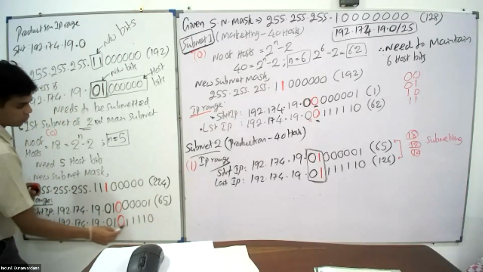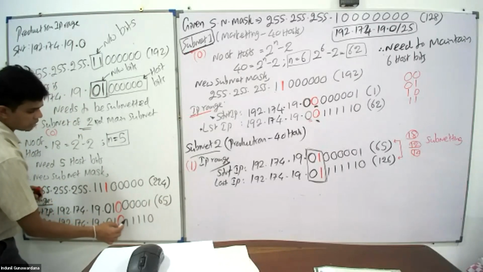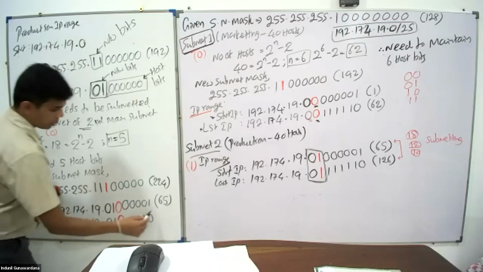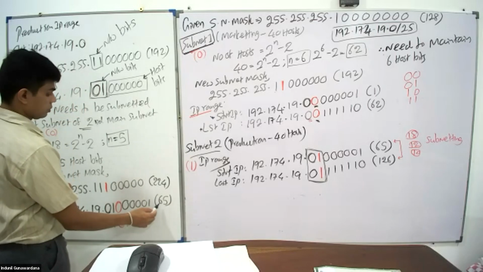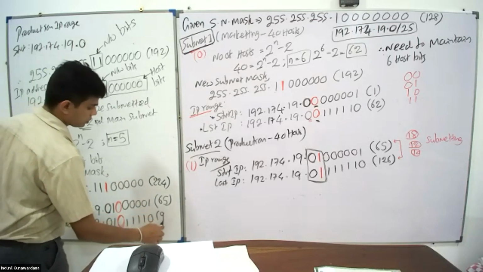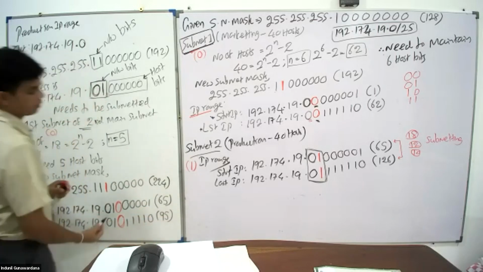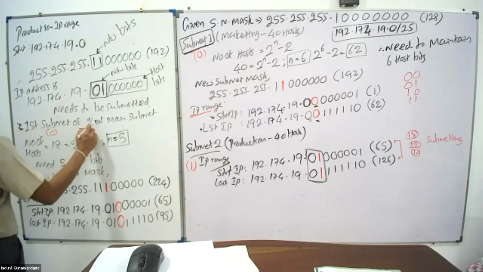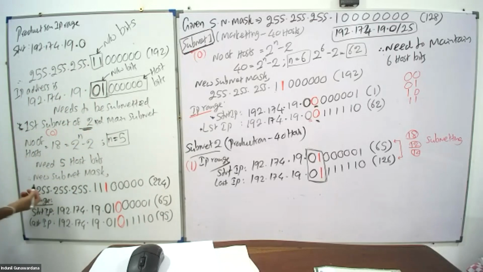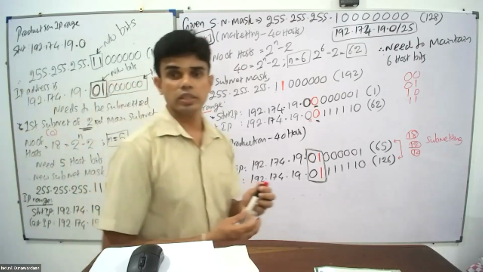It goes at 64, 1, 2, 4, 8, 16, 32, 31, 30, which we make here 95. And so that's the IP range for the first subnet of the second main subnet. We are maintaining the subnet bit as 0.